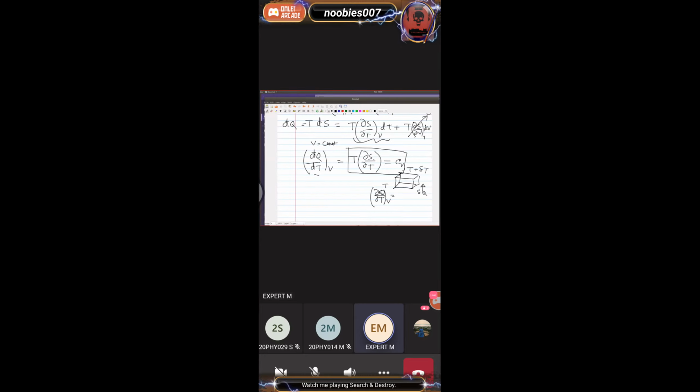The temperature dependence of the entropy at constant volume is given by this. You use it and calculate S as a function of T. That is all you have to calculate.